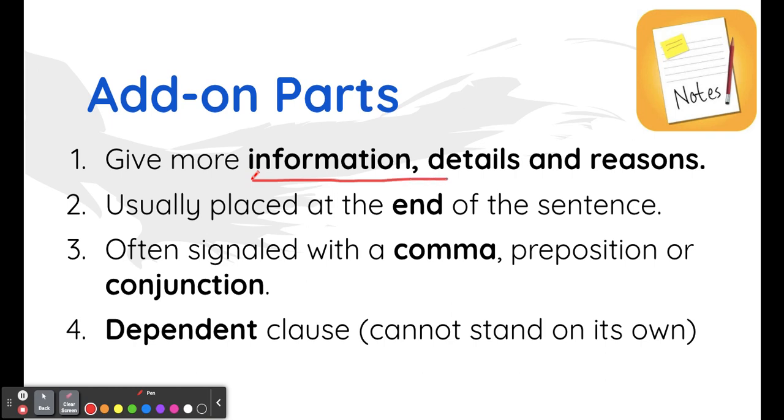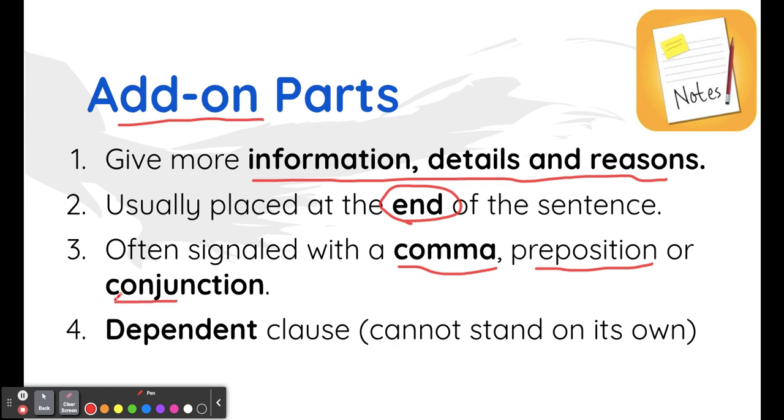Ooh, look, I'm underlining here. That's one main thing it does. It's usually placed at the end of a sentence, hence it's called adding on. You add on at the end. And oftentimes it's signaled with a comma. It could also be a preposition or this word that we're going to review, conjunction.